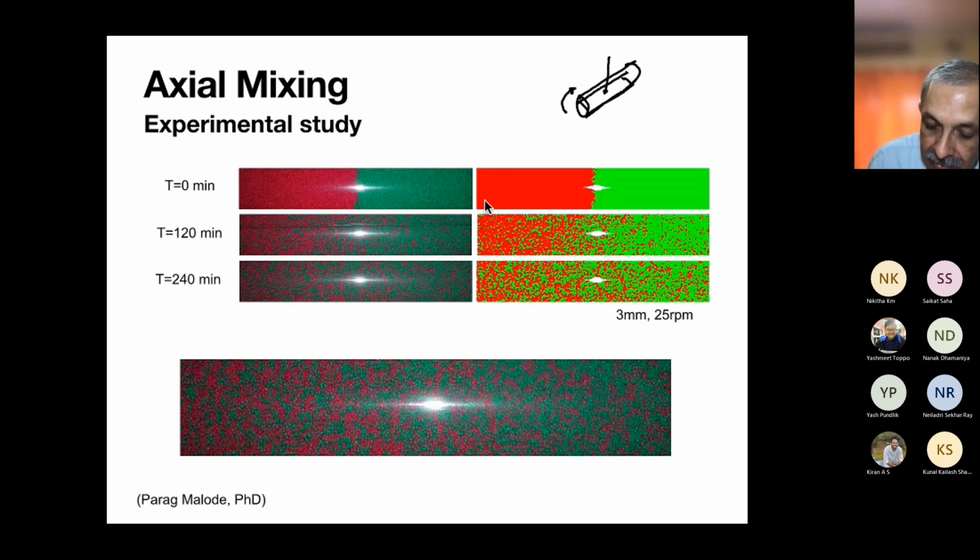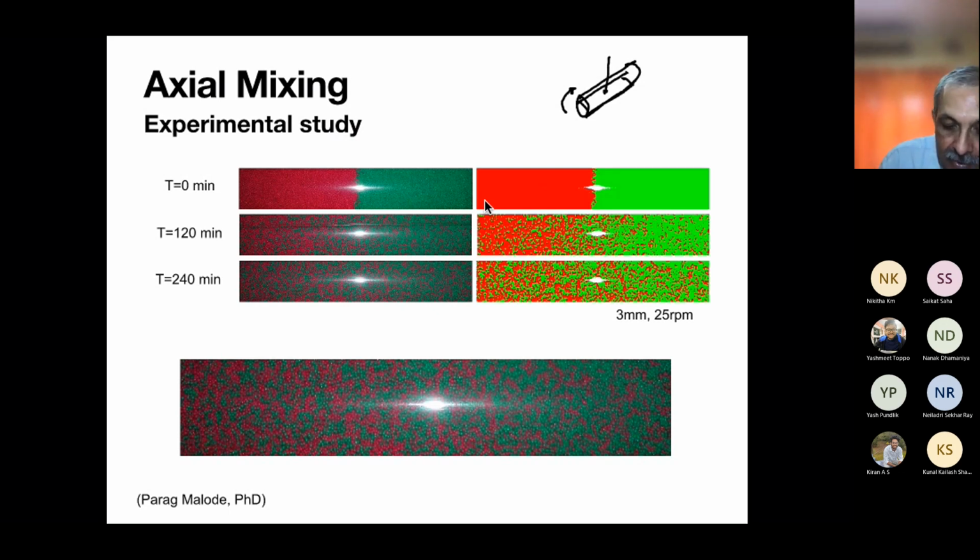If you look at this, the initial profile is like a step function. If you ask what is the concentration of red particles, it's all red over here, and then it's green. But over time, you can see that there is increased mixing. And here is another photograph, a magnified version of this one, and you can clearly see that things are mixed.